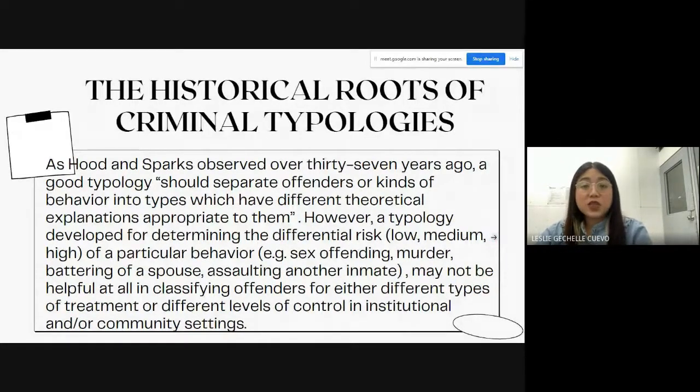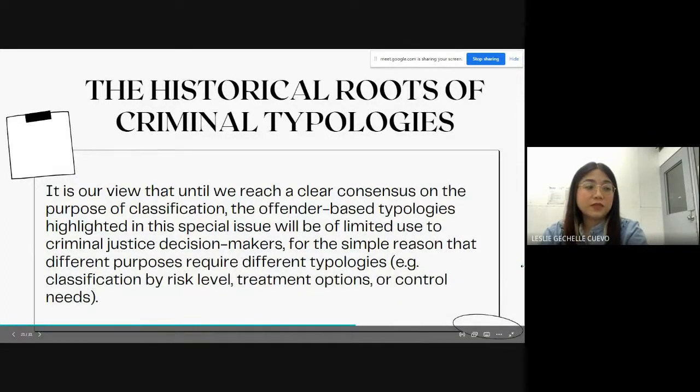So, as Sparks observed over 37 years ago, a good typology should separate offenders or kinds of behavior into types which have different theoretical explanations appropriate to them. However, a typology developed for determining the differential risk of a particular behavior may not be helpful at all in classifying offenders for either different types of treatment or different levels of control in institutional and or community settings.